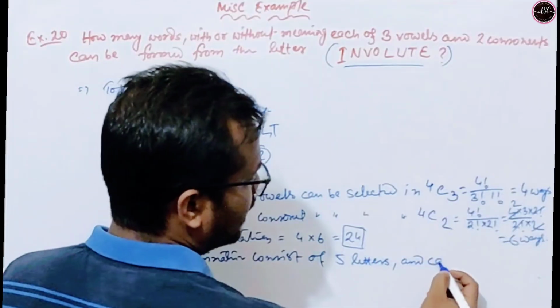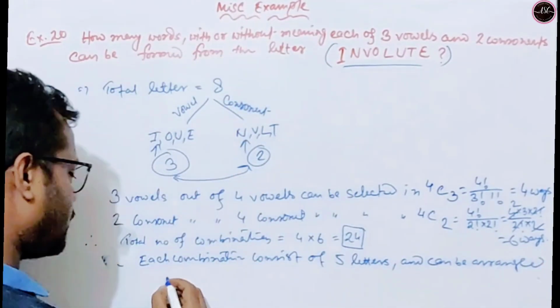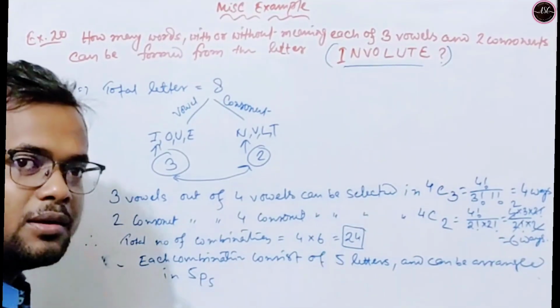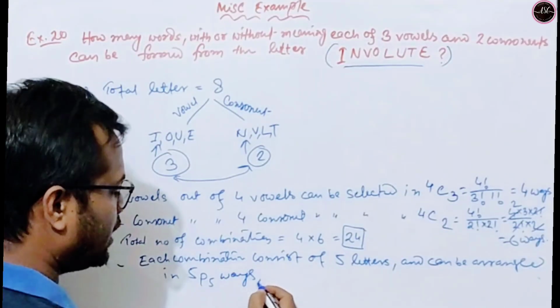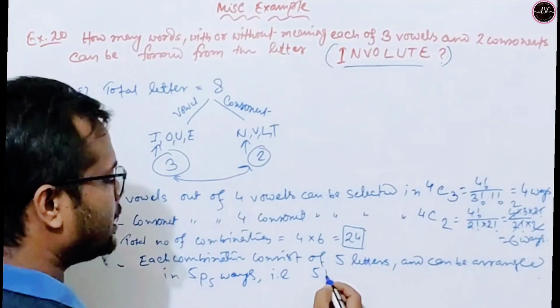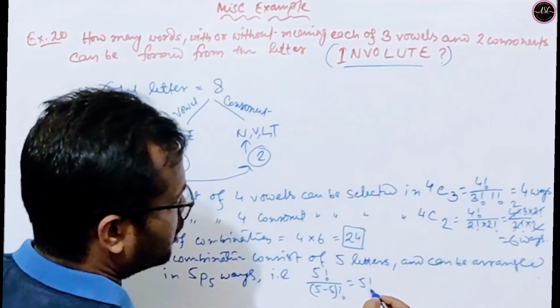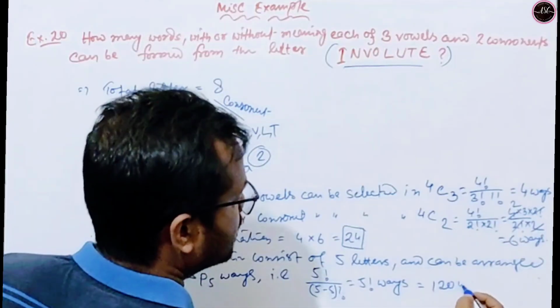and can be arranged in 5P5 ways. Out of 5 letters, they can be arranged in 5P5 ways, that is 5 factorial divided by (5 minus 5) factorial, that means 5 factorial ways, equal to 120 ways.